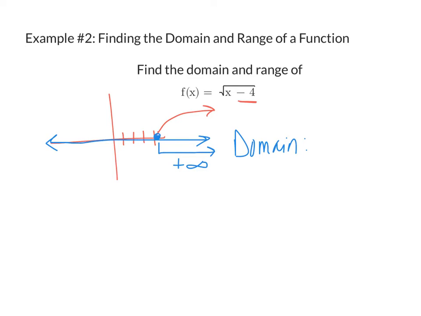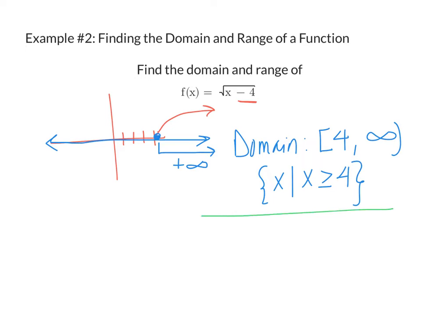So depending on how you want to write this, our domain includes 4 to positive infinity, and you cannot bracket infinity because infinity is continuous forever, so we have to leave it open. Or you can say x such that x is greater than or equal to 4. Again, it just depends on the notation you choose to use.